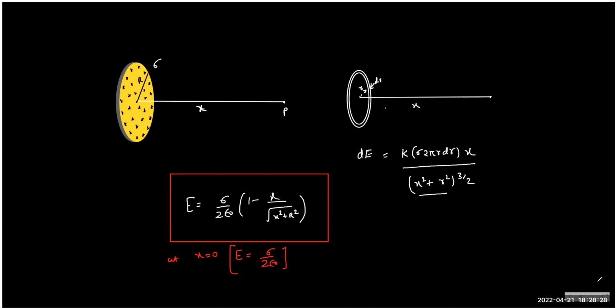So now, if I take a situation in which the disk becomes an infinite disk, so due to an infinitely large uniformly charged disk, we have the disk which is uniformly charged.